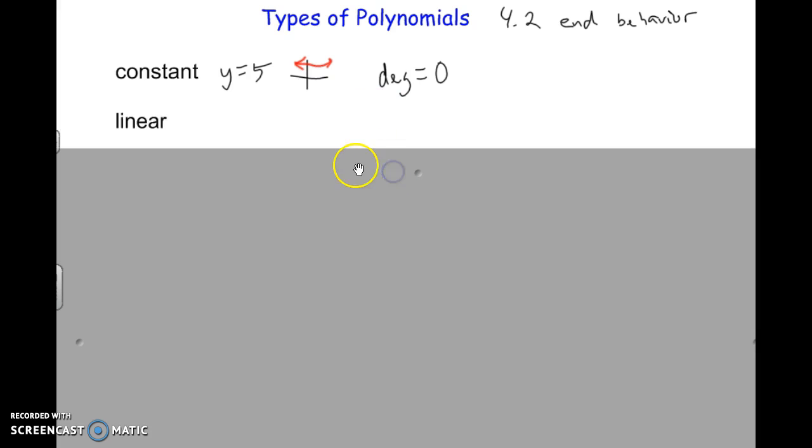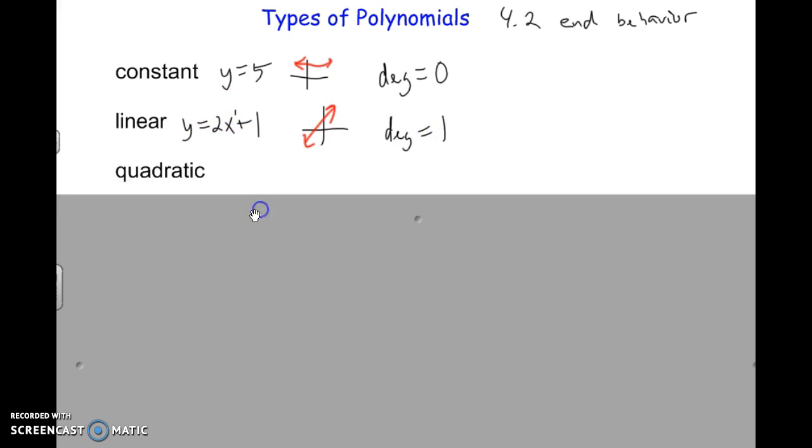It's just a constant, just a number there. Linear, like y equals 2x plus 1, is an example of a linear function. It's going to be a straight line also, but in this case it's going to have a slant to it, and the degree of a linear function is equal to 1 because x is to the first power.